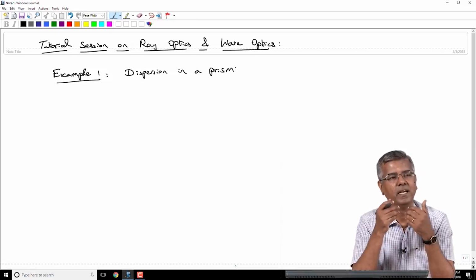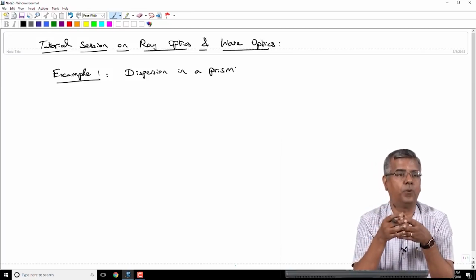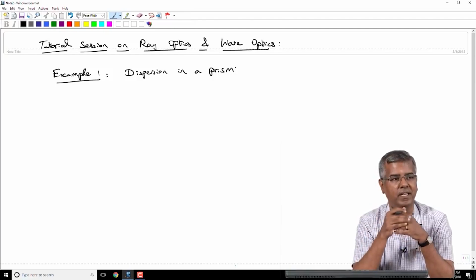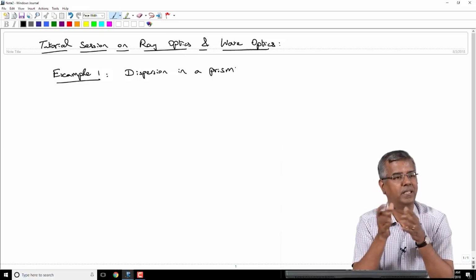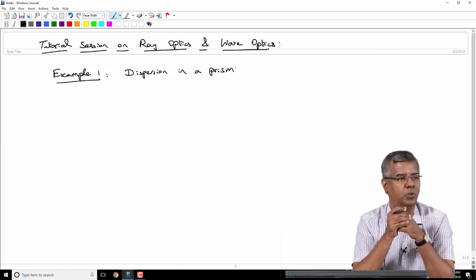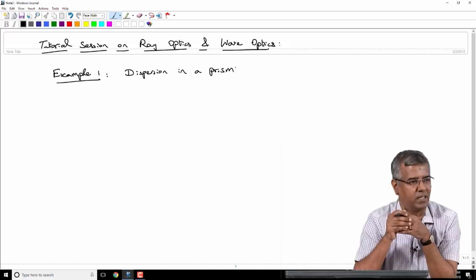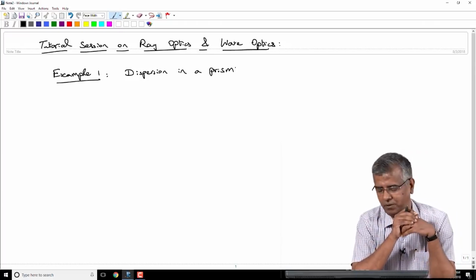Essentially, like I said yesterday, when a light wave goes through a material, the material responds differently for different colors. If it responds differently for different colors, then you get an effect wherein you are able to spatially separate out all these colors. So that's what we're going to check first.